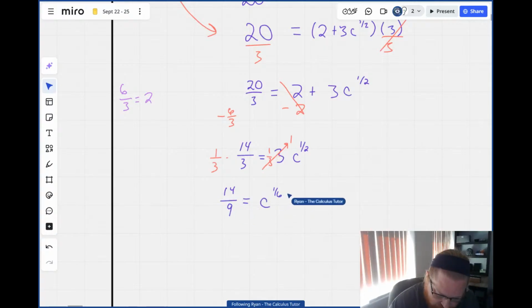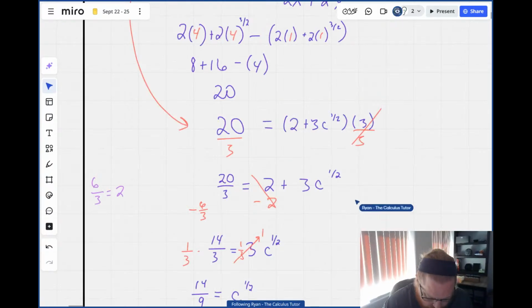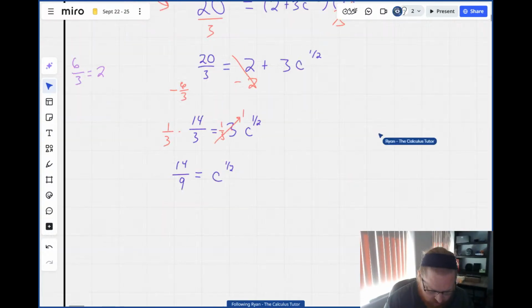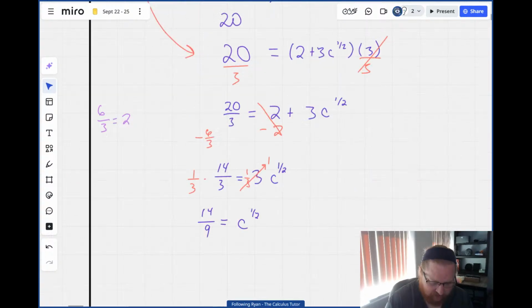Oops, I wrote a 6 there for some reason. C to the 1/2. 2, 6 thirds. Yeah, I think. Yep, this seems like it's going well.